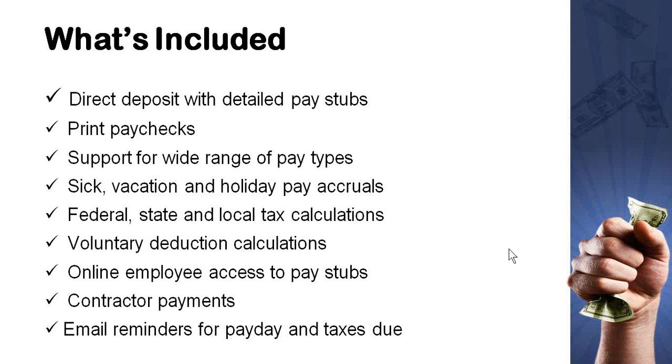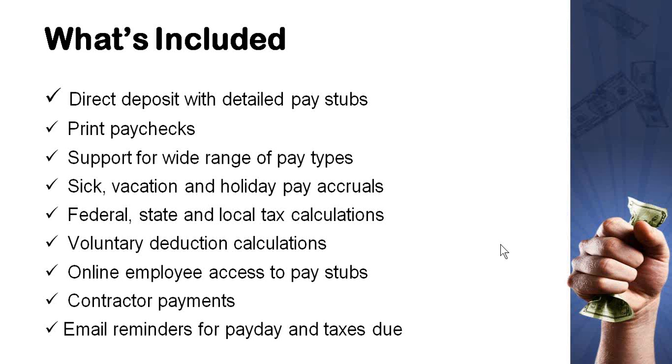Employees can access their pay stubs online. You can also pay contractors through them, and you can filter it, which is a little different in the desktop version, so that you only pay your 1099 contractors through here. So it's a little easier to keep track of them at the end of the year.